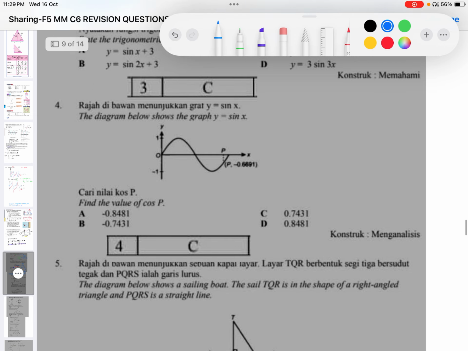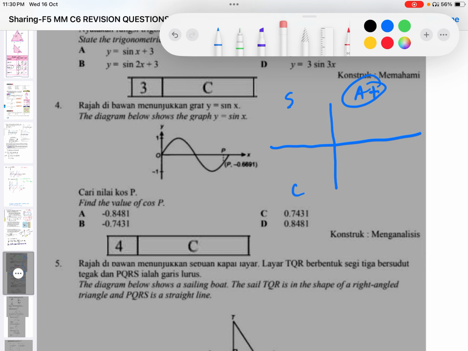If we look at the trigonometry section, we have all positive, sin, tangent and cos.